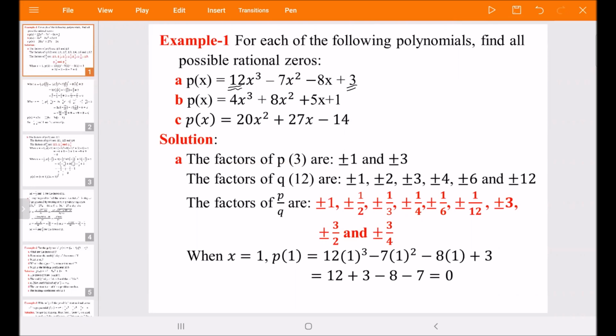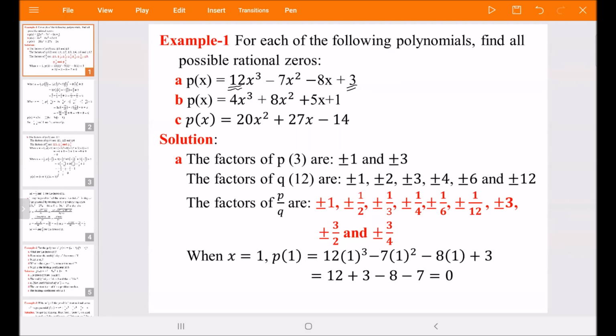The factors of Q, that is 12, are plus or minus 1, 2, 3, 4, 6, and 12. Now, we are interested in the factors of P over Q. We form the rational number whose numerator is P and whose denominator is Q. This is the complete list of possible rational zeros of this polynomial.